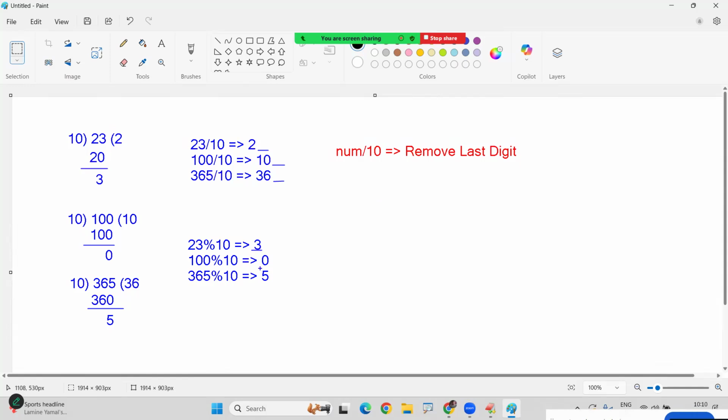Got it? In 100, last digit is 0. In 365, last digit is 5. It's nothing but any number you perform mod operation with 10, it returns that last digit.